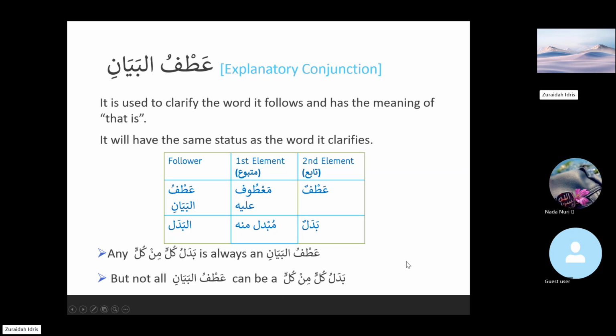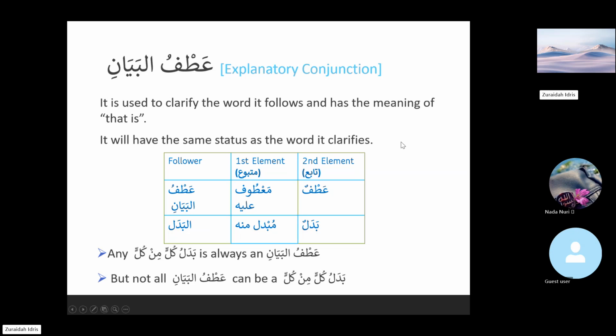So any badal is an atf bayan, but an atf bayan is not always a badal. If you see the term badal in your i'rab, it covers atf bayan automatically. But if you see the term atf bayan, it may not necessarily be a badal.